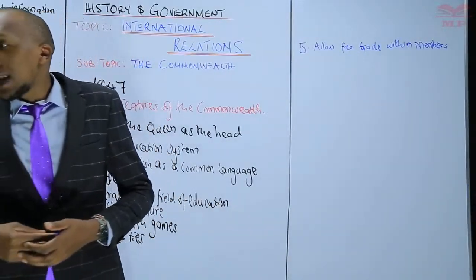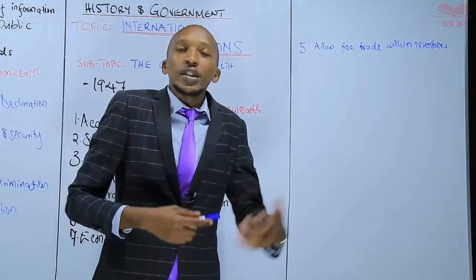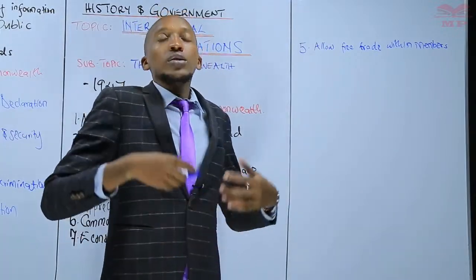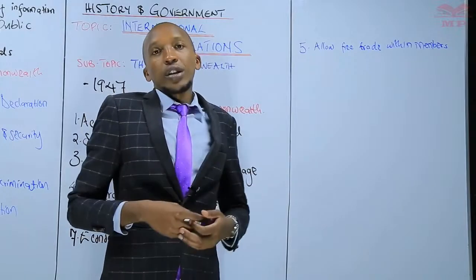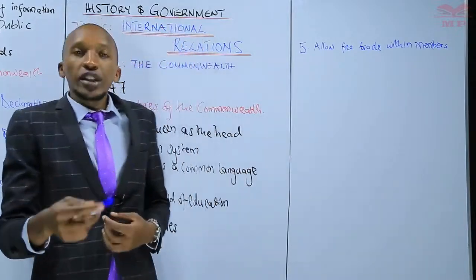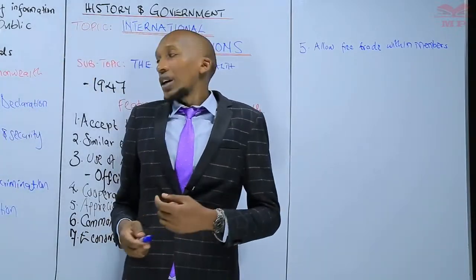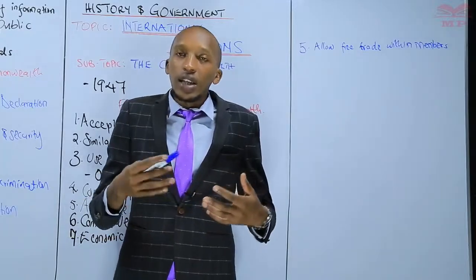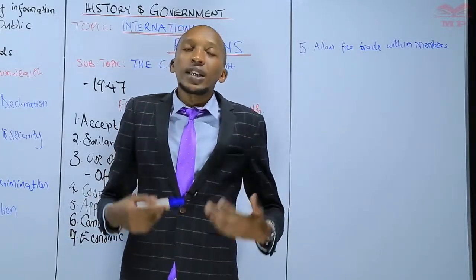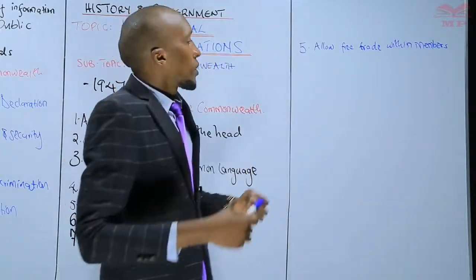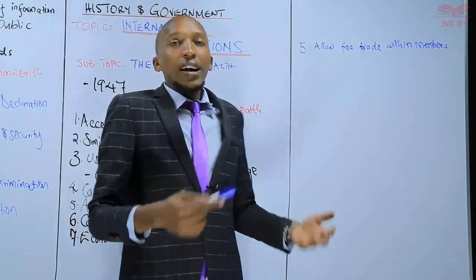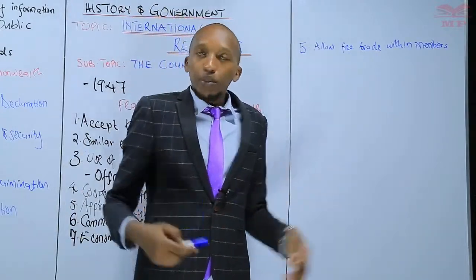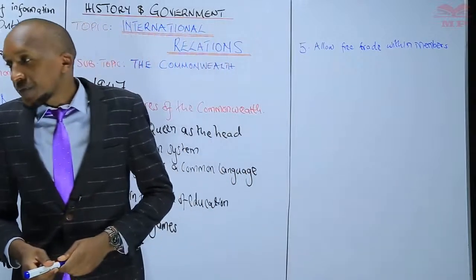So members were allowed to trade internationally without so many restrictions. The members of the Commonwealth had an upper hand in trading with one another. That was another declaration that they made. This was in an effort to make sure that the members of the Commonwealth have stable economies.